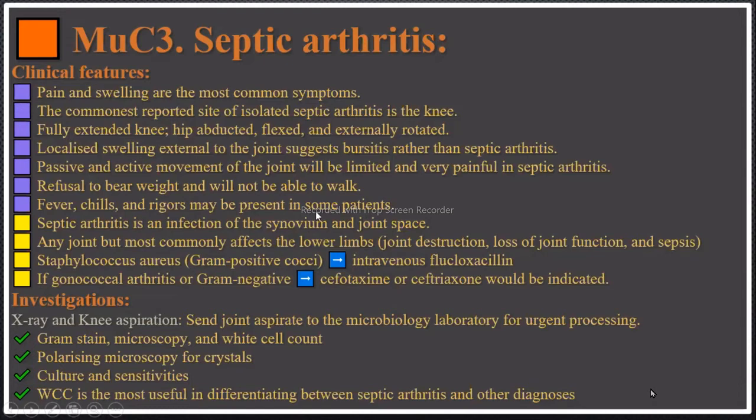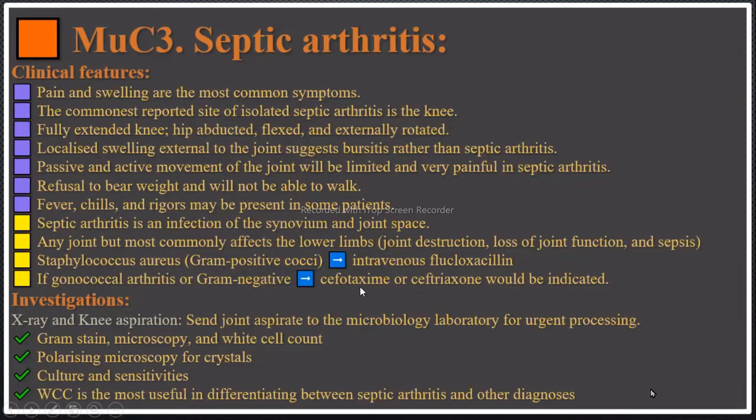So if they said you already took a knee aspiration and you found it's Staphylococcus aureus in the scenario, and they ask you about the medication, you will choose IV flucloxacillin. If they mention in the scenario the patient has septic arthritis and they said it's gonococcal arthritis or gram-negative, so cefotaxime or ceftriaxone.